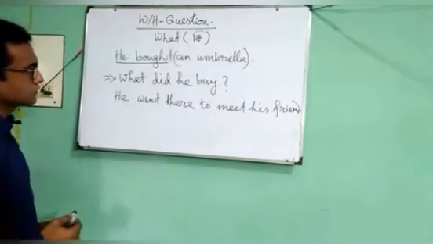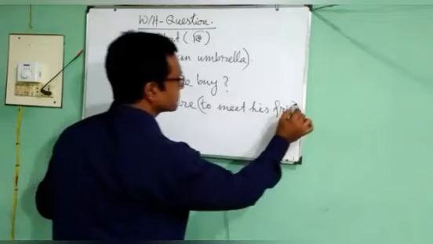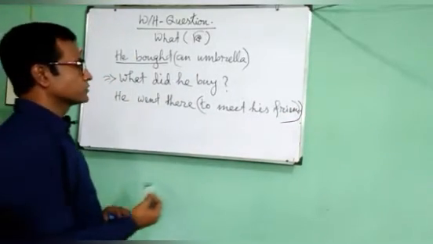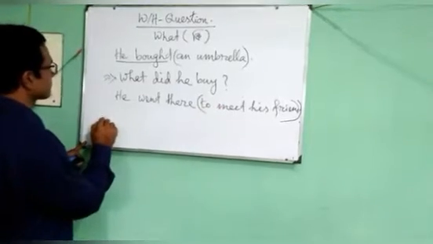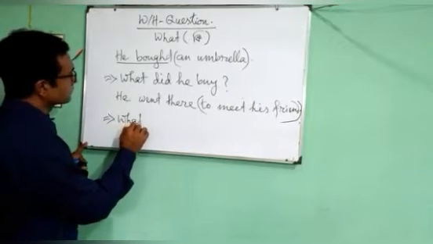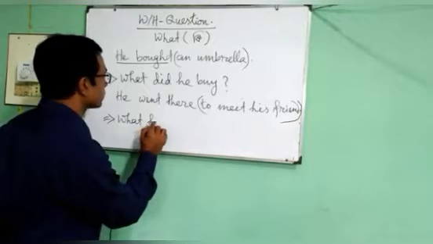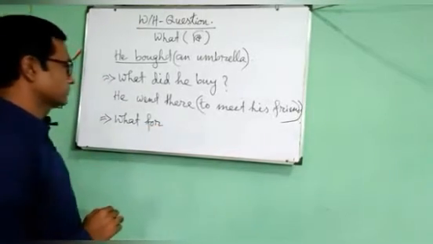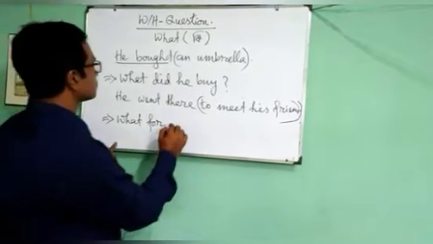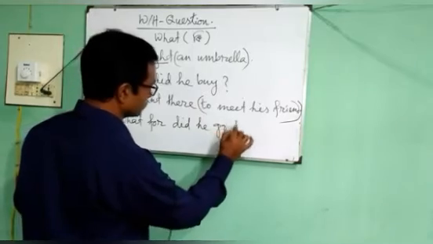In this sentence, we have got a reason for an action, to meet his friend, and for which we can also use what. Look, here, what should be accompanied by for, a preposition. What for? If you want to know the reason, what for did he go there?